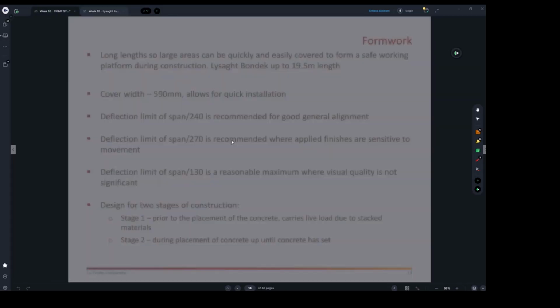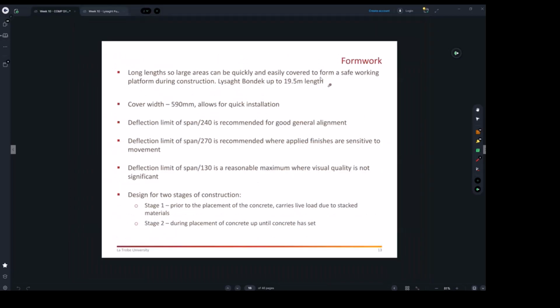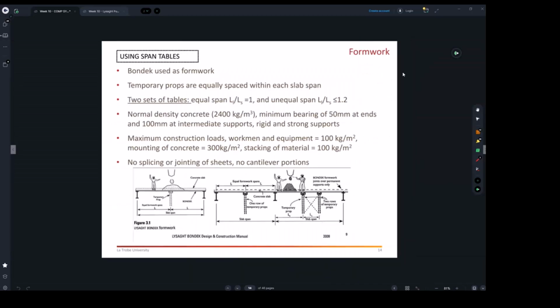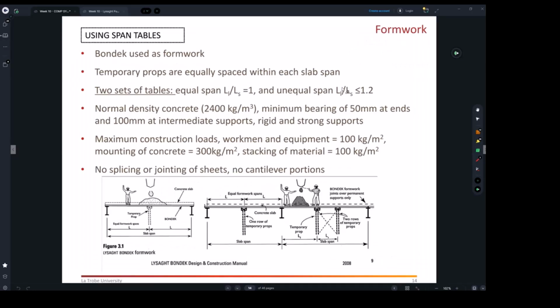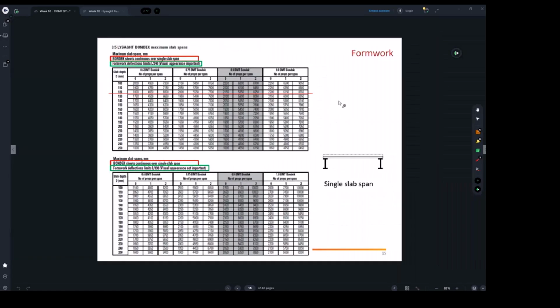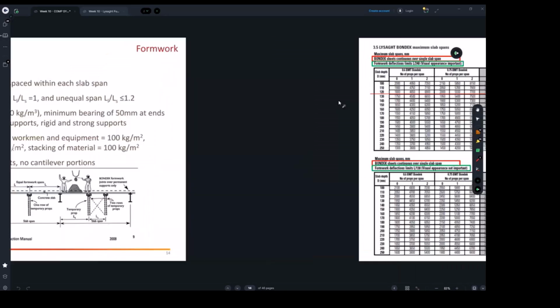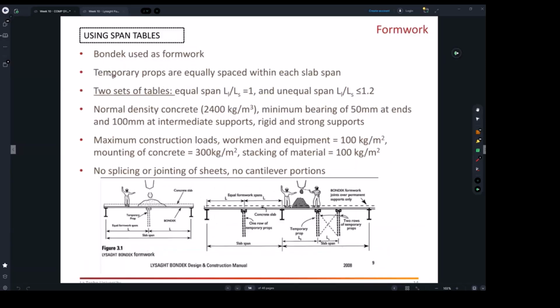So back to our notes. These are basically the notes that we have on the formwork, with more details about the formwork, and then we can have a break. Before I start looking at those tables, which is the example I was talking about, let me finish this slide.